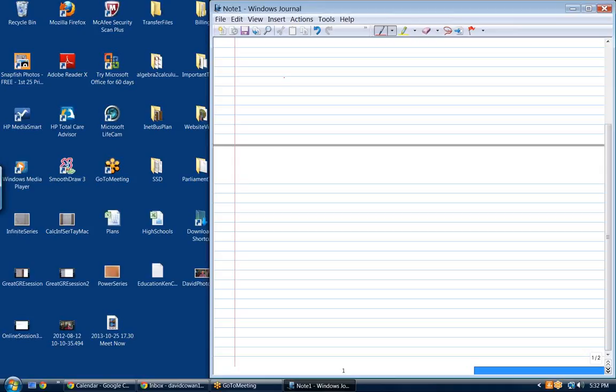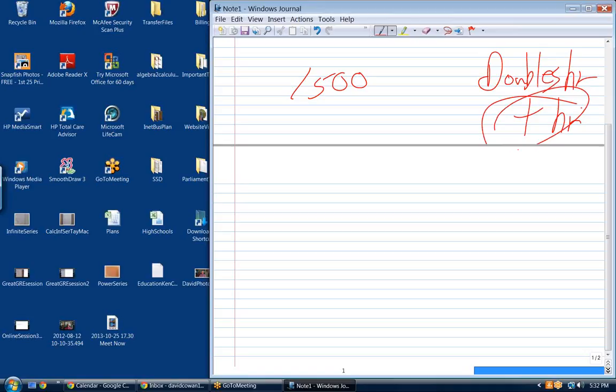A bacteria culture contains 1,500 bacteria initially and doubles every hour. Find a function that models the number of bacteria after t hours. This is not a trig, but this is an exponential. What's the standard exponential equation?